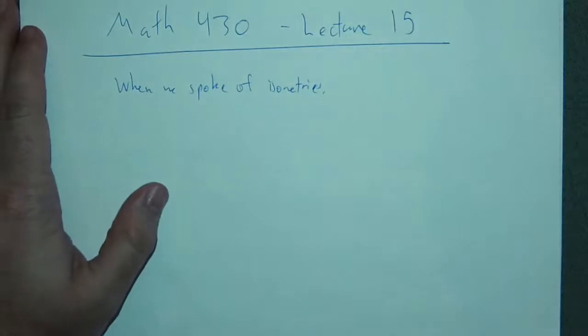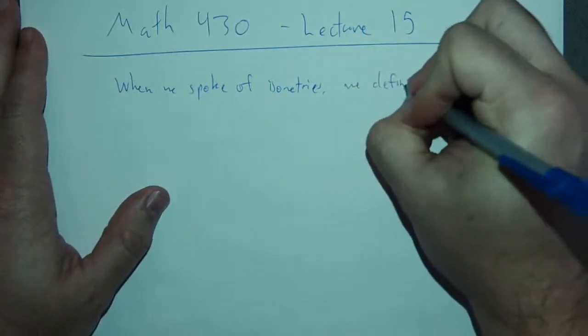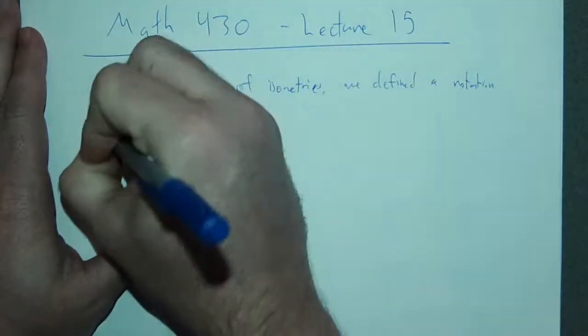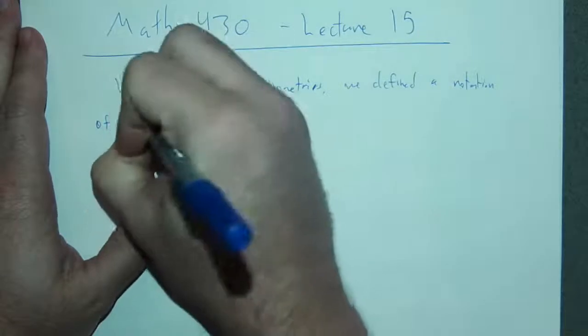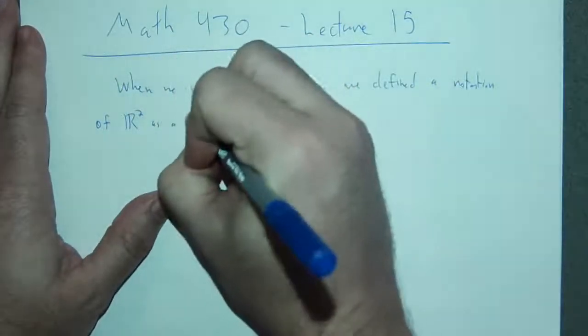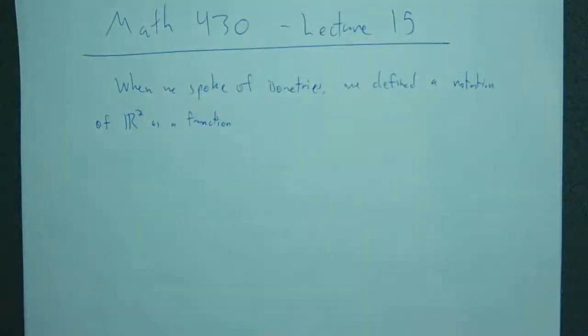our notion of a rotation, right? So we defined a rotation of R2 as a function. And remember, because we wanted to avoid actually measuring angles, we dealt directly with the real numbers that we called C and S, but they were the cosine and sine of those angles in question.